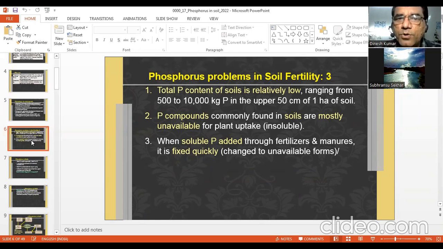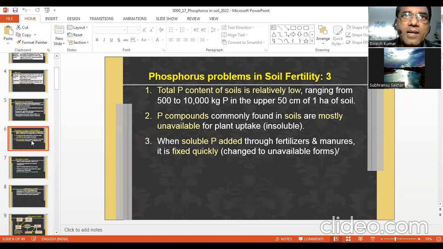One problem is that the total P content of soil is relatively low compared to nitrogen, calcium, or sulfur, ranging from 500 to 10,000 kg P in the upper 50 centimeters of 1 hectare of soil. The second problem is that the P compounds commonly found in soils are mostly unavailable for plant uptake.